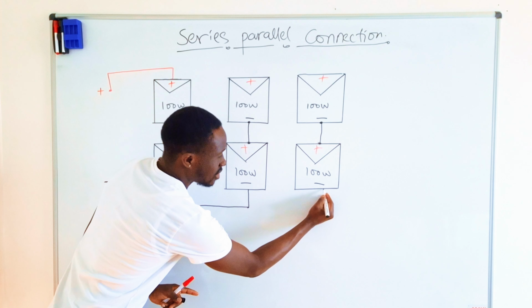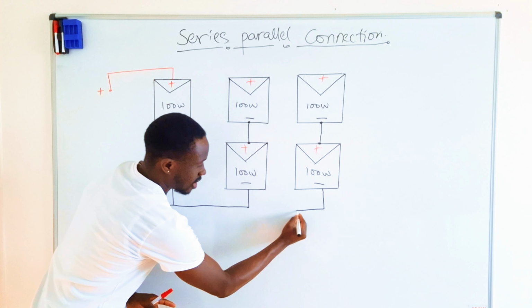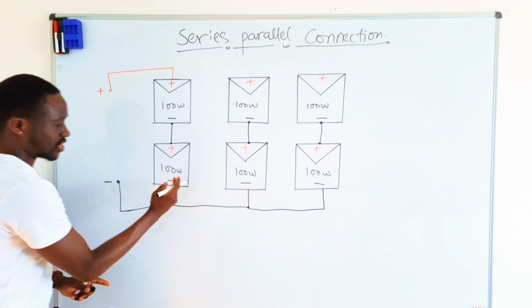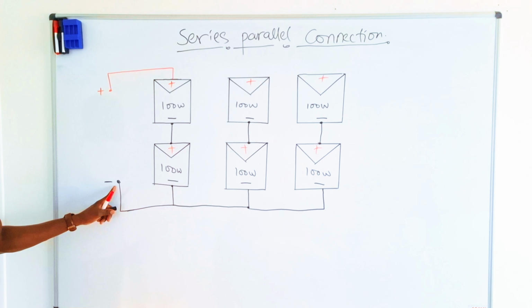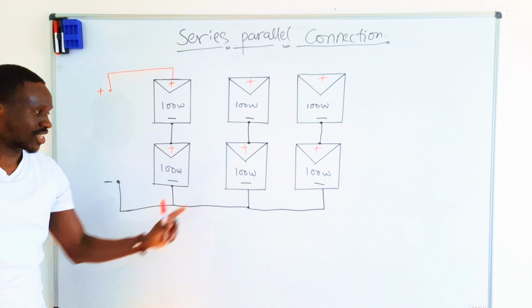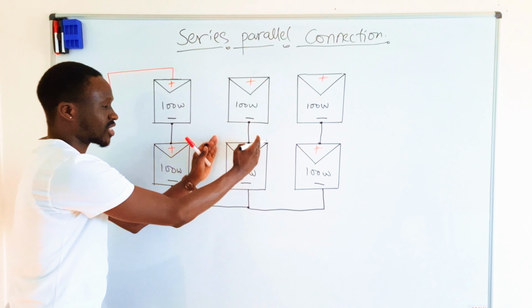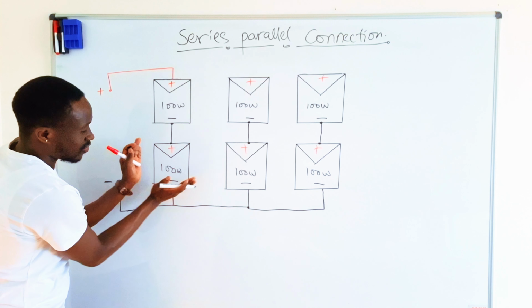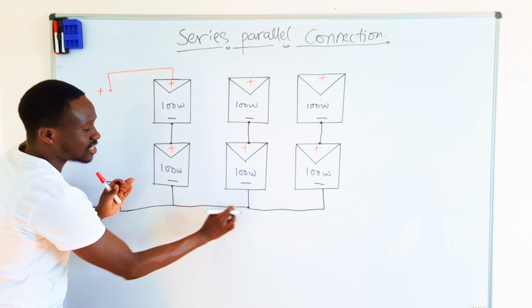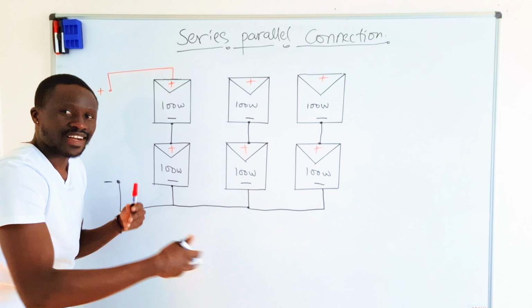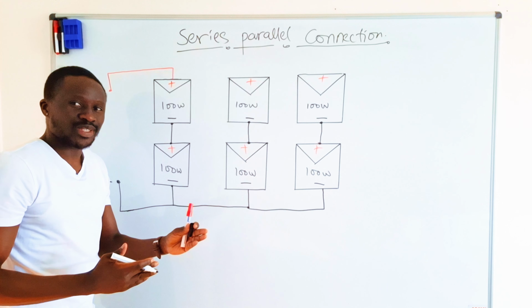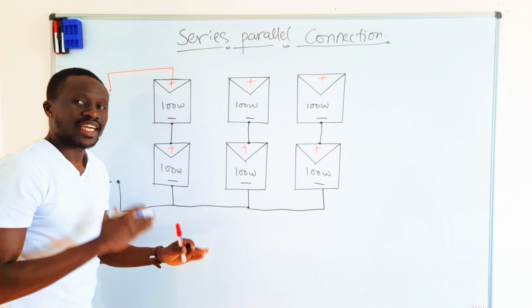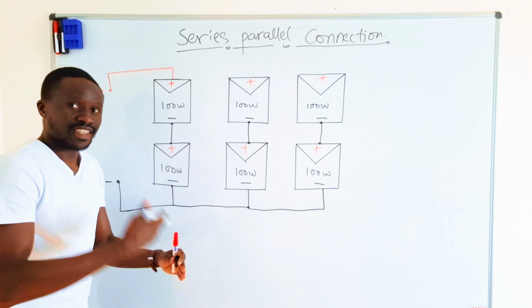Then we combine this negative also. They are all on this terminal. This is a parallel connection. If this panel gets a fault, it will not affect the other panel, because its negative will die and the other two panels will still work as usual. Meaning, in parallel connection, any panel that gets a fault doesn't affect the system. But in series connection, any panel which gets a fault affects the system.